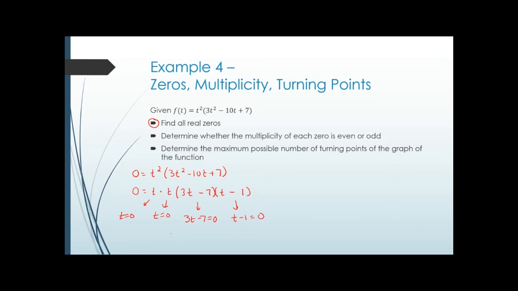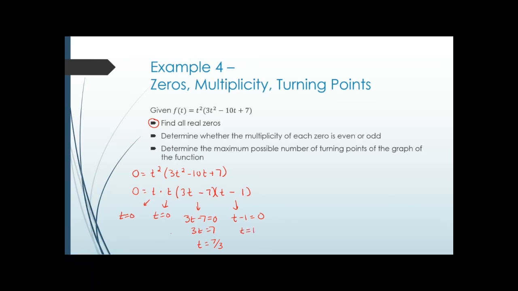So when I solve 3t minus 7 equals 0, I get 3t equals 7 after adding 7 to both sides. And then you divide both sides by 3, so we have t equals 7 over 3. Then when I solve t minus 1 equals 0, we got t equals 1.